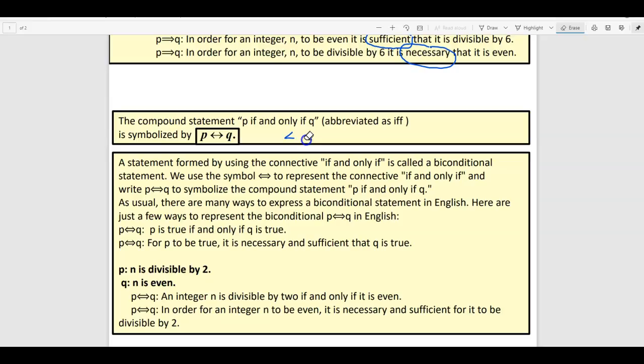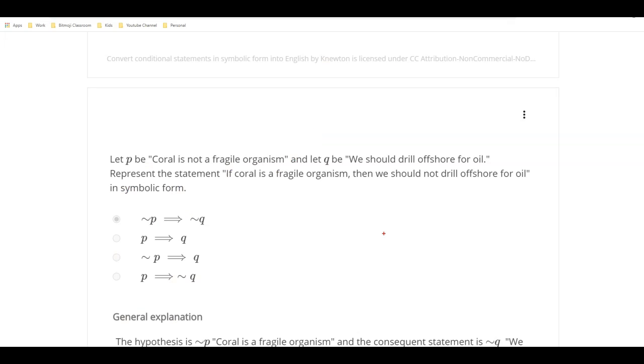All right, let's take a look at this example. Let the statement P say coral is not a fragile organism. Let the statement Q say we should drill offshore oil. So P stands for coral is not a fragile organism, and Q, we should drill offshore oil. Now it says represent the statement: if coral is a fragile organism.